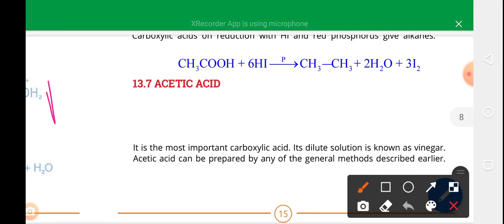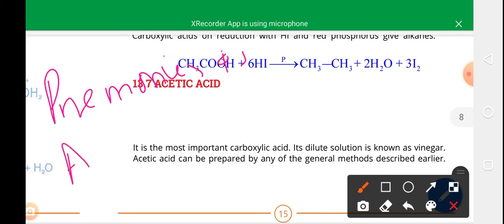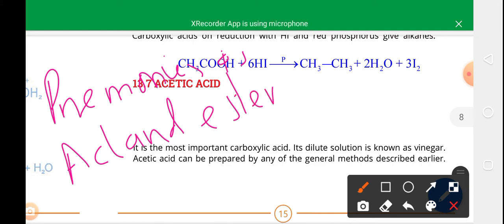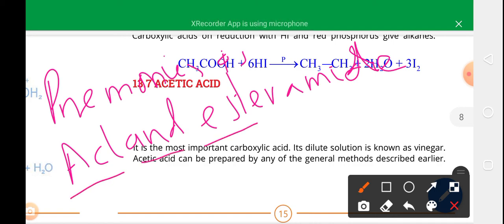The mnemonic is ACLAND for acid chloride, acid anhydride, ester and amide. This is the mnemonic. This is the reactivity order.